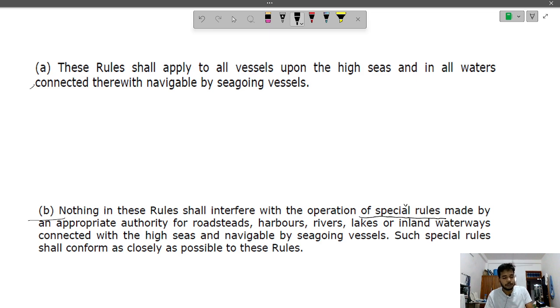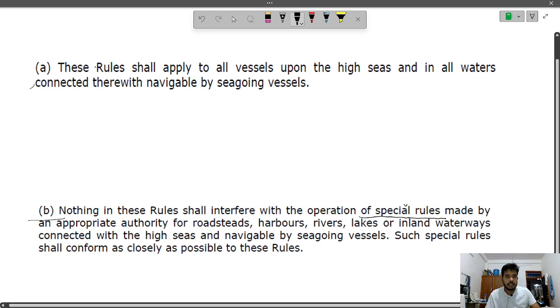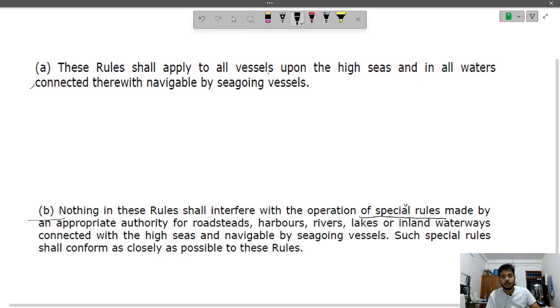The first rule, rule number one, part A, states that these rules shall apply to all vessels upon the high seas and in all waters connected therewith navigable by seagoing vessels.